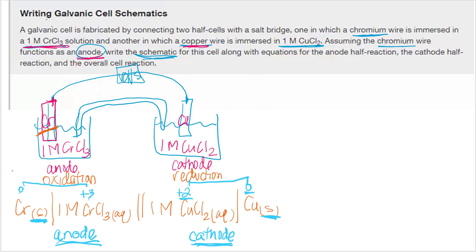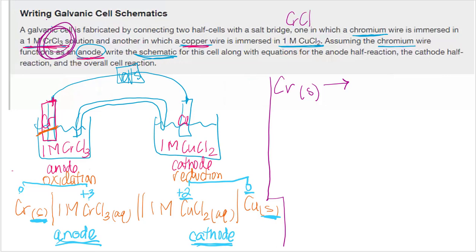All right, let's look at both of these half reactions. Let's look at my oxidation first. I've got my chromium, and it's going to be oxidized into chromium 3. Now, how do I know that it's chromium 3? Because when I'm looking at what was given to me, CrCl3, I'm just going to reverse crisscross.